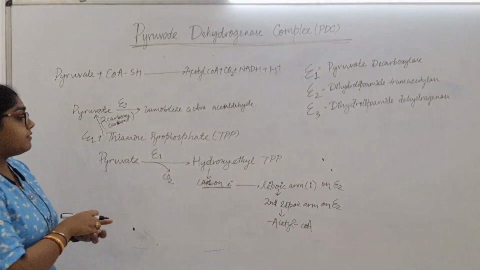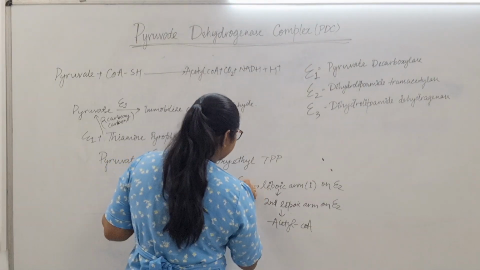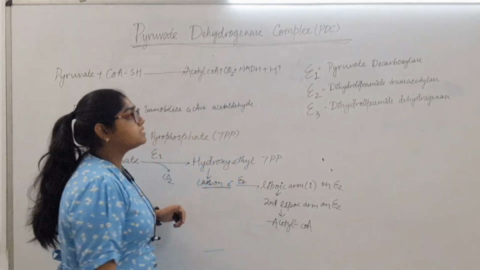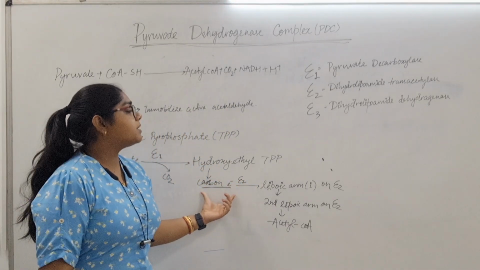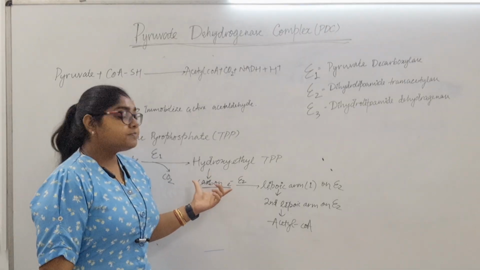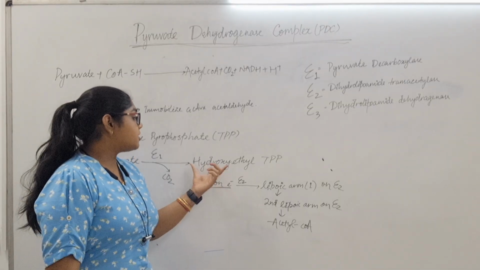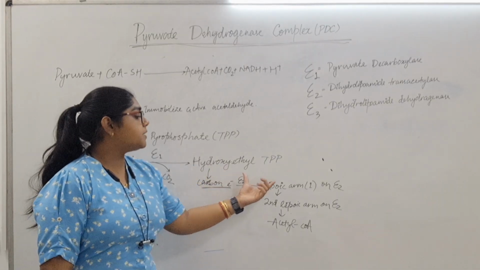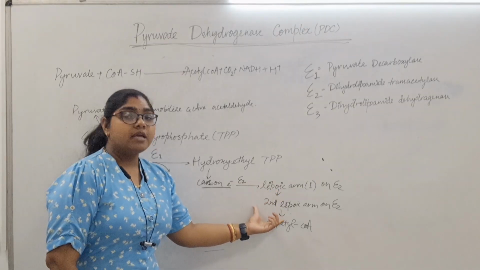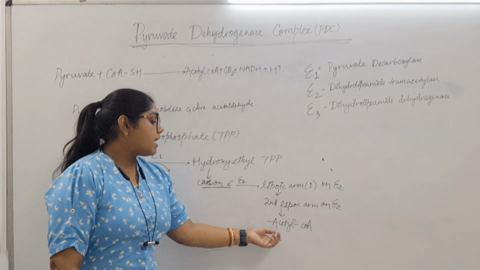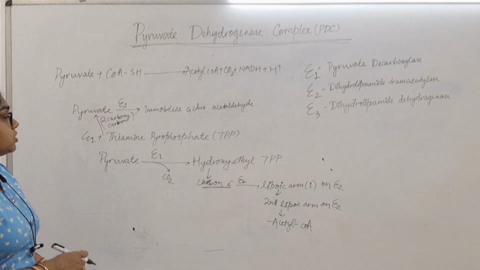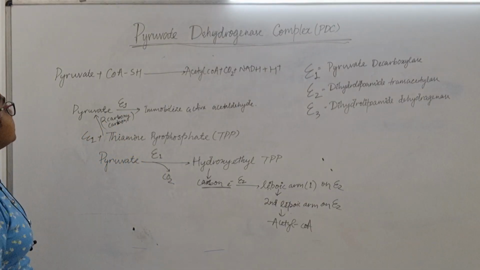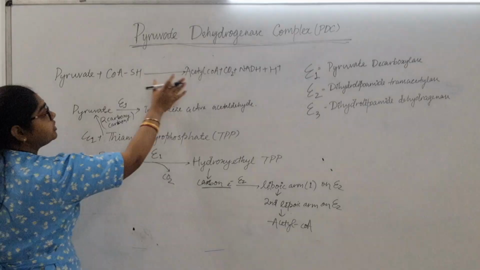So in the next step, with the help of the E2 enzyme, dihydrolipoamide transacetylase, which is transferring the acetyl group from the hydroxyethyl thymine pyrophosphate to the first lipoic arm, then to the second lipoic arm, it's producing acetyl coenzyme A. So now we can see that all the substrates are used.